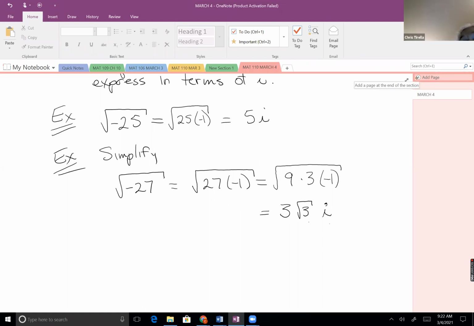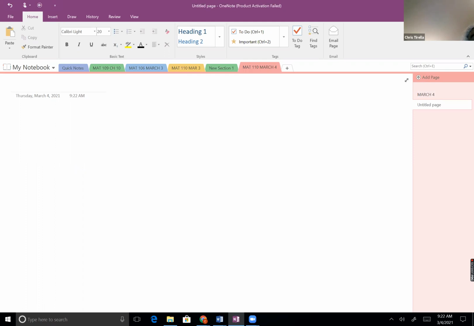Okay, then next thing we're going to do is look at the powers of i. And I don't mean like magical powers, I mean like raising i with an exponent. So i to the first is defined as the square root of negative 1, and so i to the first is i.